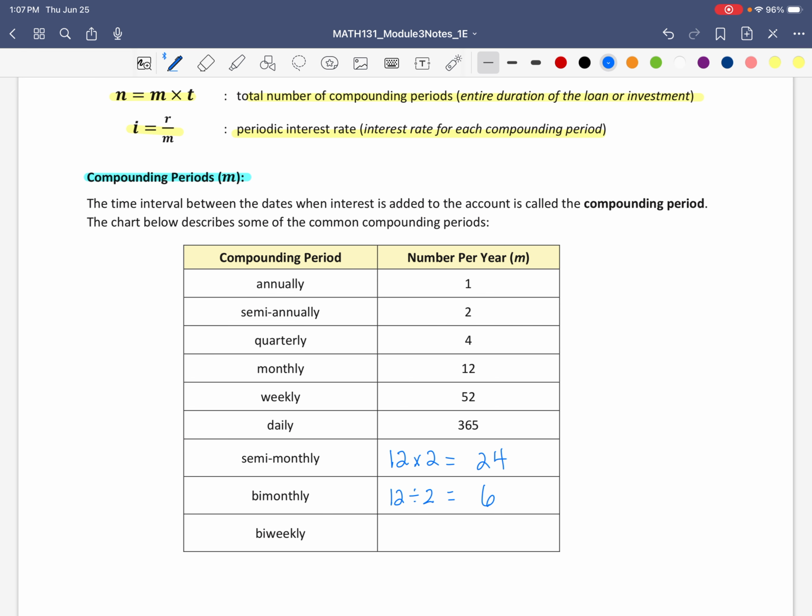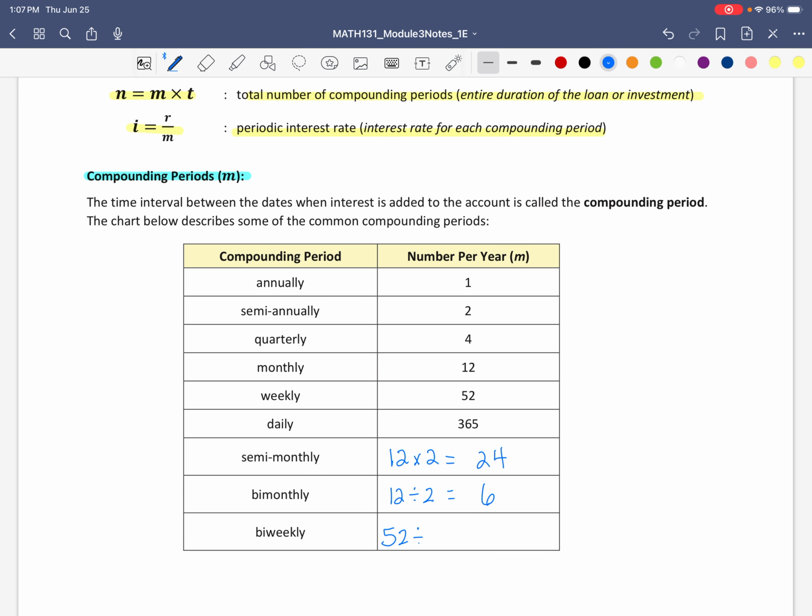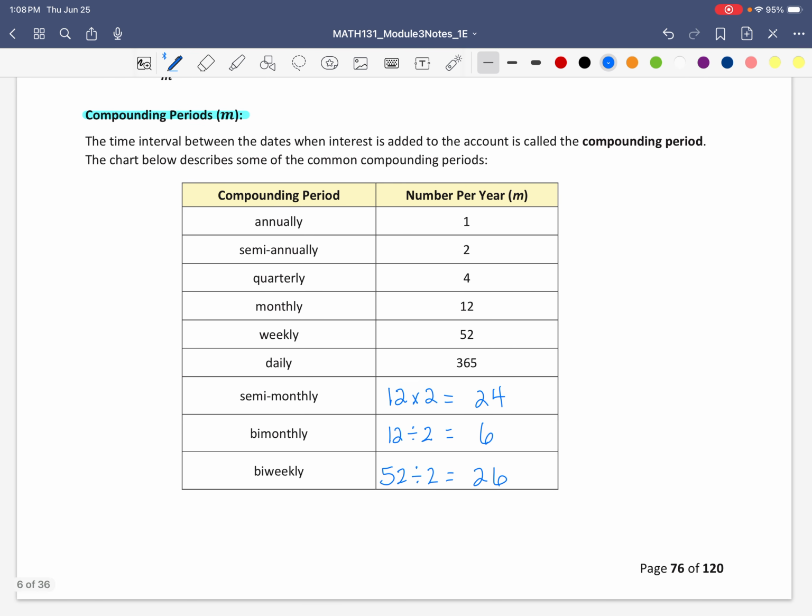And then bi-weekly also means every other week. Again, we have 52 weeks in the year, so if we do every other week, our M value is 26 if we're given compounding of bi-weekly. This chart is extremely helpful. When you're reading a question, you can look to find what the compounding period is. That is going to be your M value, and you're going to use this chart for it.